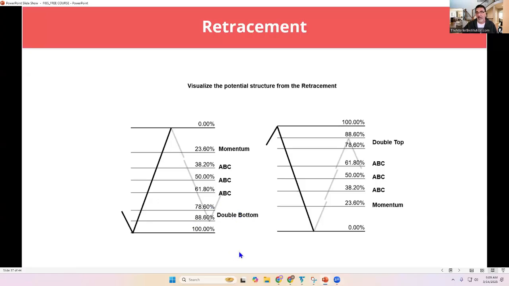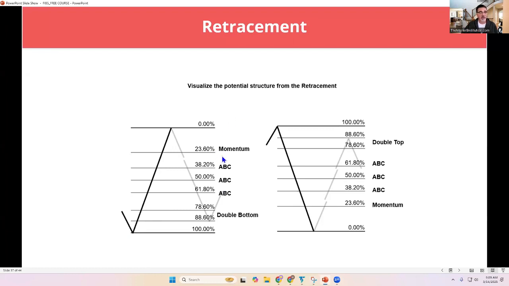Now, I just mentioned Fibonacci retracement levels, okay? And then we associated each retracement level with the potential outcome. See the ABC pattern, price pulls back to the 38, the 50, or 61.8, then we're looking for price to continue. Basically, the AB leg looking like the CD leg, okay?